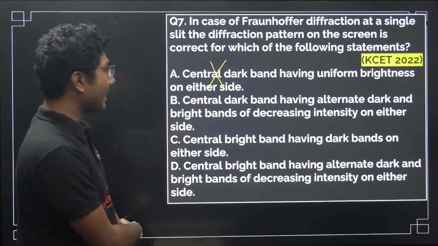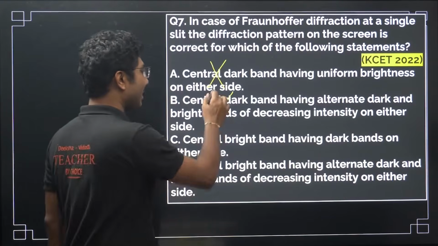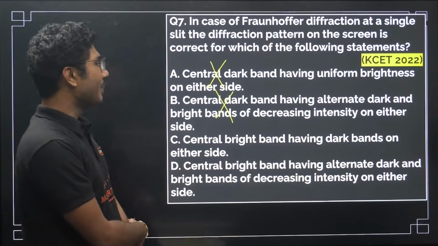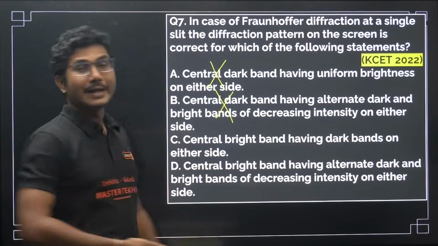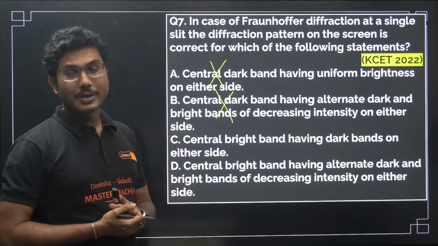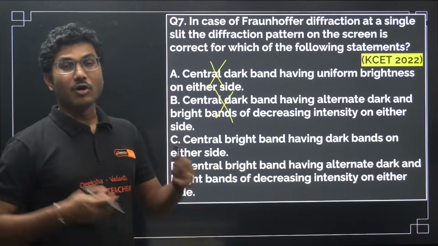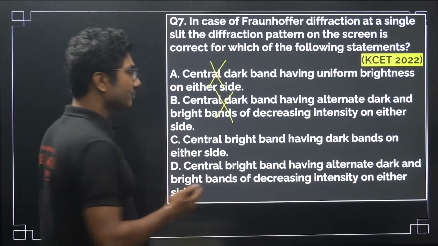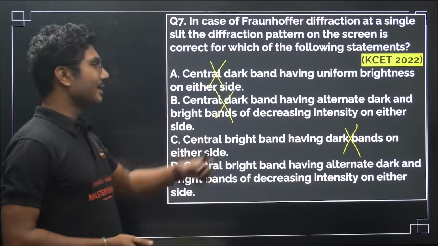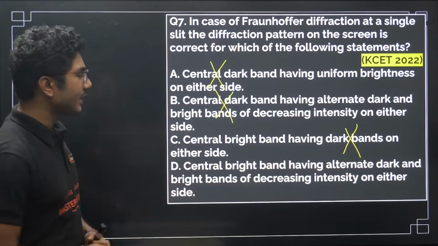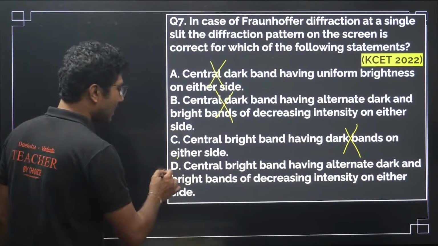Central bright band having dark bands on either side: the central bright band does not have only dark bands, it has alternate dark and bright bands, so this is also incorrect. Central bright band having alternate dark and bright bands of decreasing intensity on either side, so option D is correct.